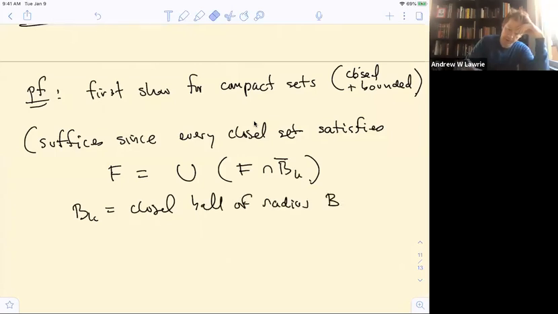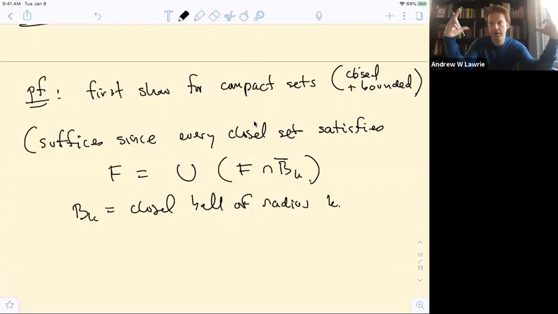So you can write every closed set as a union of compact sets just by taking increasingly large closed balls of radius k, intersecting them with the set, and taking the union over all those, and you recover the closed set again.